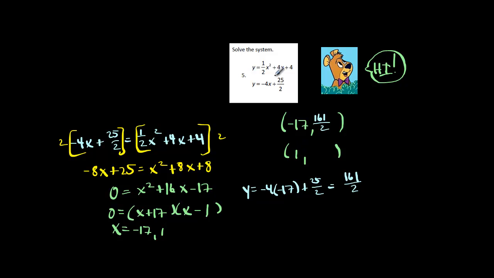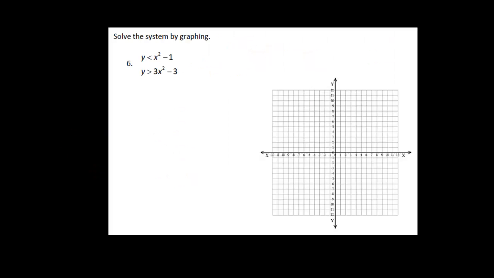So when you plug in 1, what you're going to get is y equals negative 4 times negative 1 plus 25 halves. This is going to be 4 plus that, and then you get 17 halves, which is 8 and a half. So these are the 2 points that intersect here.